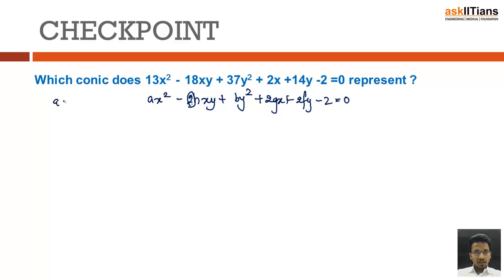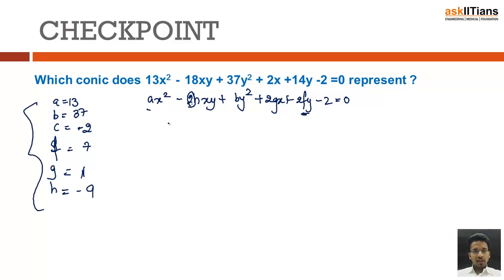Now by comparing, a is equal to 13, b is equal to 37, c is equal to minus 2. Then f is the coefficient of y, which is equal to 7, g is 1, h is minus 9. So these quantities I have written.